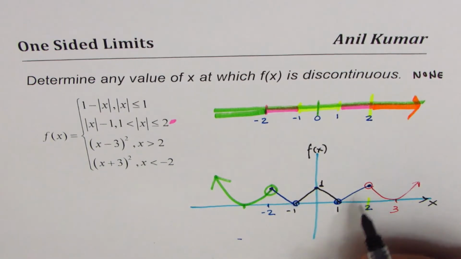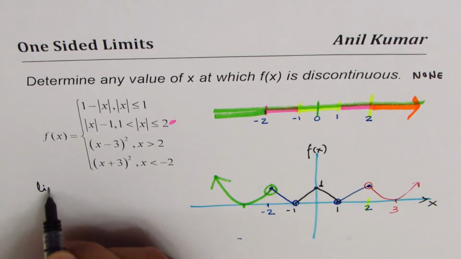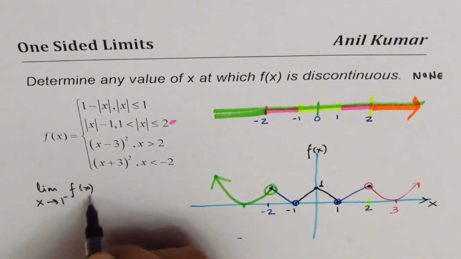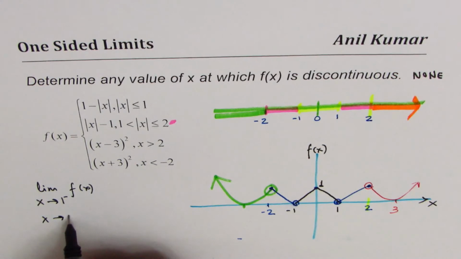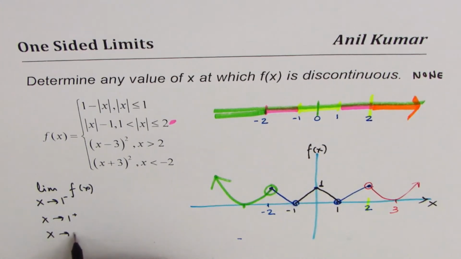The other way to do it is that these are the points. You could find the limit of this function as x approaches 1 from the left side, or from the right side, or as x approaches 2 from the left side, or from the right side.